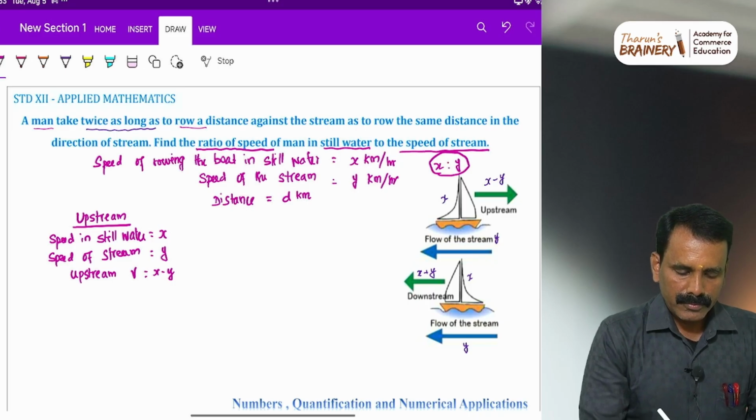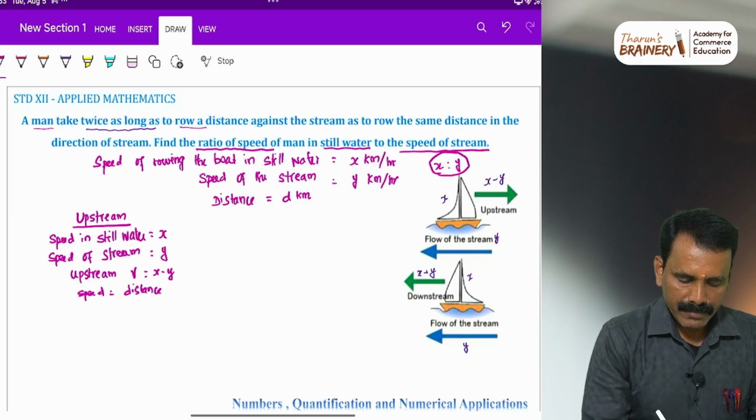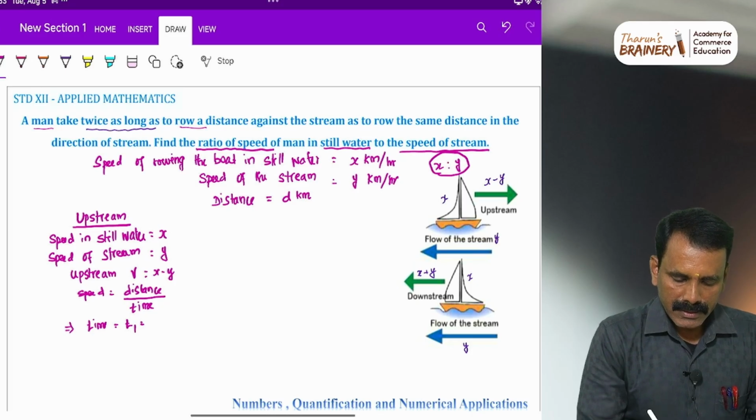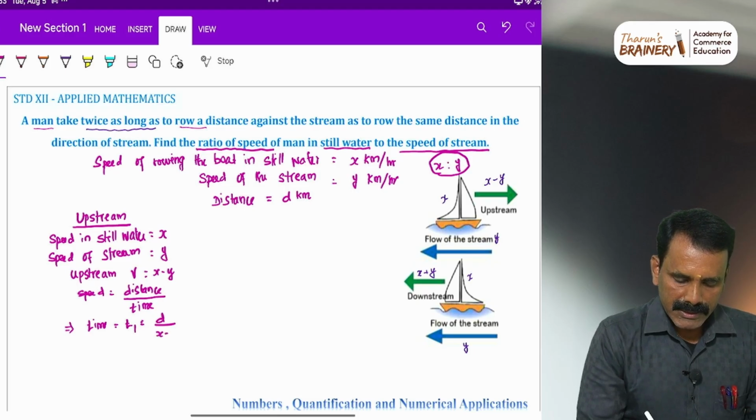We know the usual formula, speed is equal to distance by time. From this formula, time t1 is equal to the distance, which we assumed as d, divided by the speed, which is x minus y.